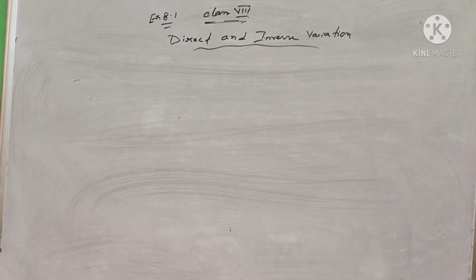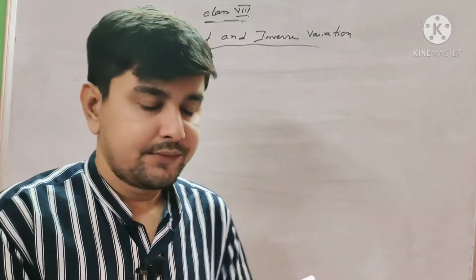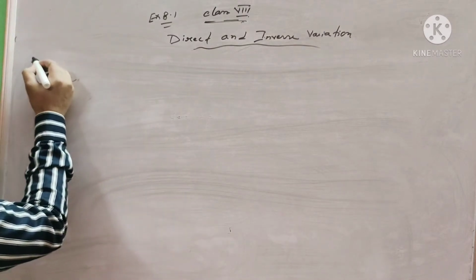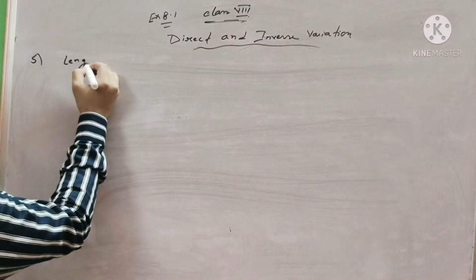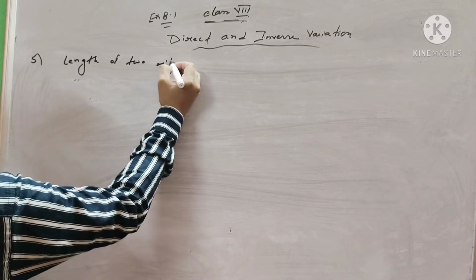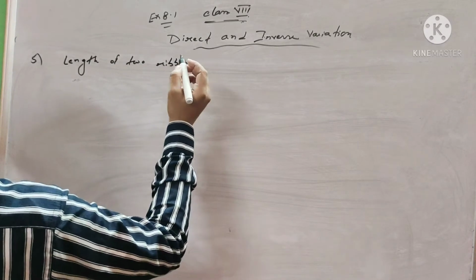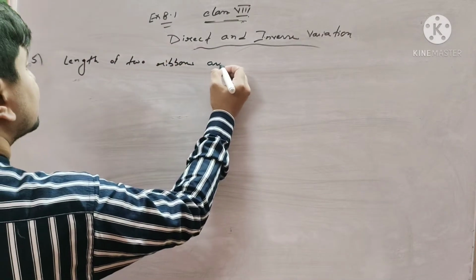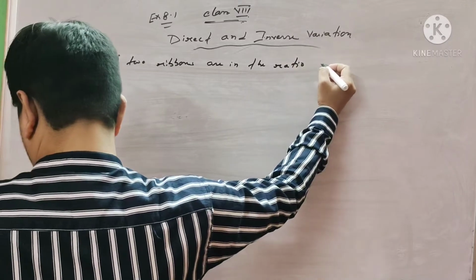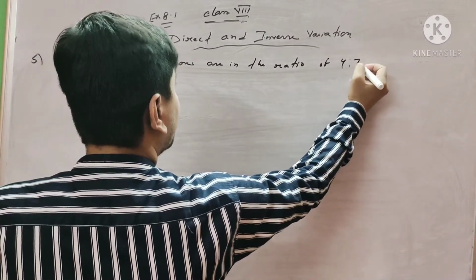Okay, it's time for question number 5. The lengths of two ribbons are in the ratio of 4:7.